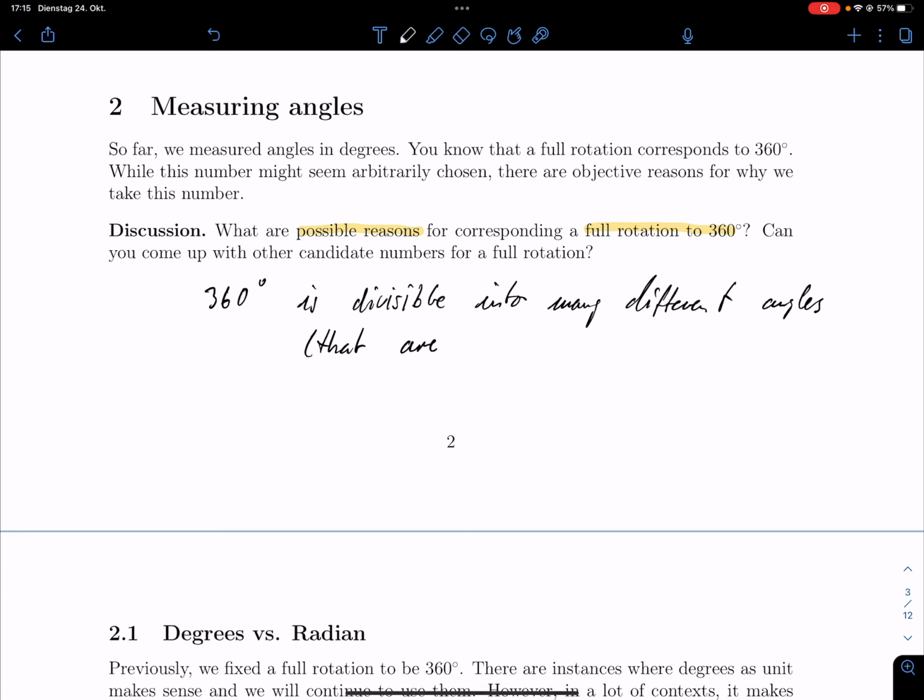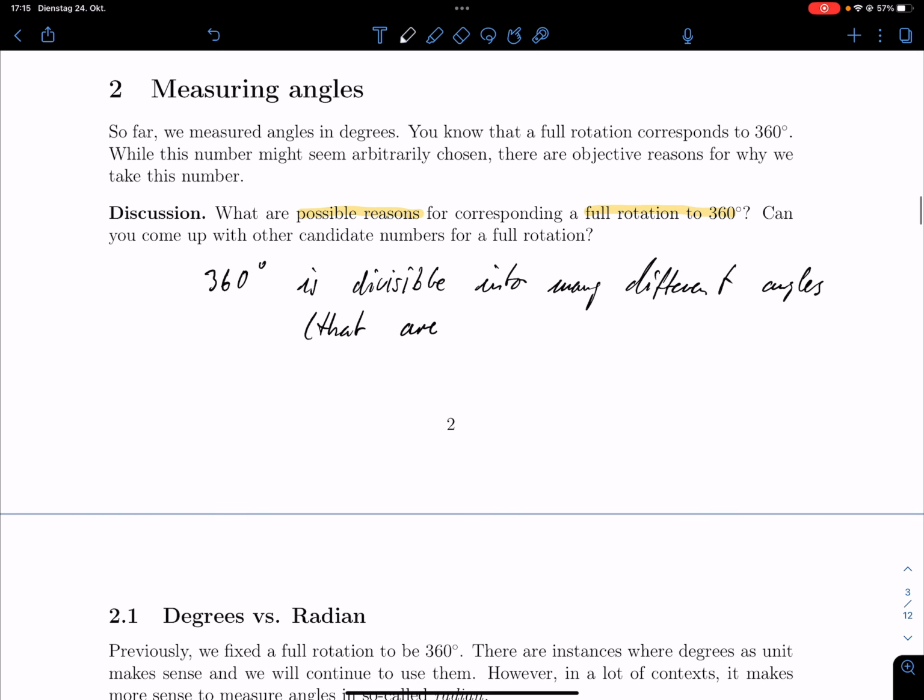The cool thing about this is that you can then divide it up into many different smaller angles. So 360 you'll realize is divisible by 2, 3, 5, 6, 10 and so forth, and that is useful to then talk about smaller angles.